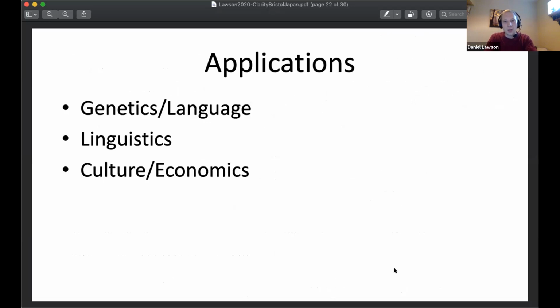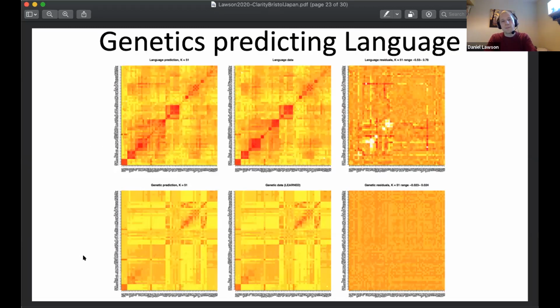Okay, a quick whiz through some applications. The first is comparing genetics to language, the second is within linguistics, and the third is culture and economics. Comparing genetics to language is a very hard problem because these things are a little bit tree-like, but actually very far from tree-like.